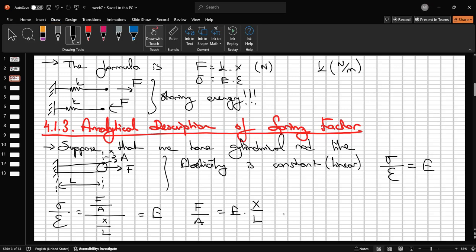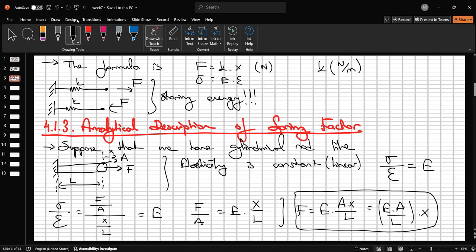And also we can reorganize this equation, F equals E A divided by L times X, right? And so, what is the K value right now in this equation? Yes.